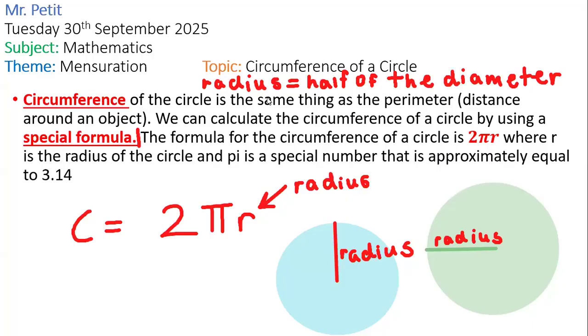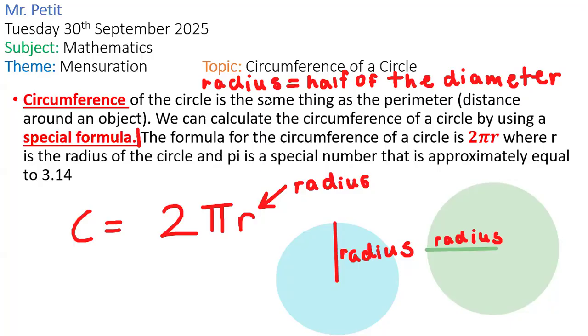Pi is actually a special number, right? And its approximation is 3.14. Now, to 3 decimal places, anyone know what pi is? 3.141.